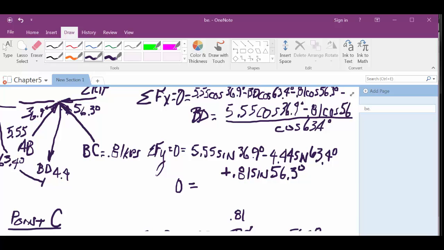I know I can punch it in. 0.04. So therefore 0 equals 0. You just proved that all the work you did was correct. You know before you even leave that you got the answers right.